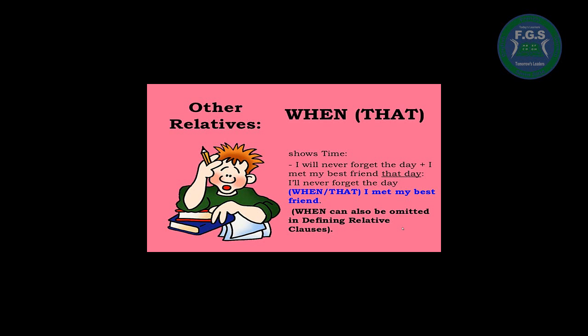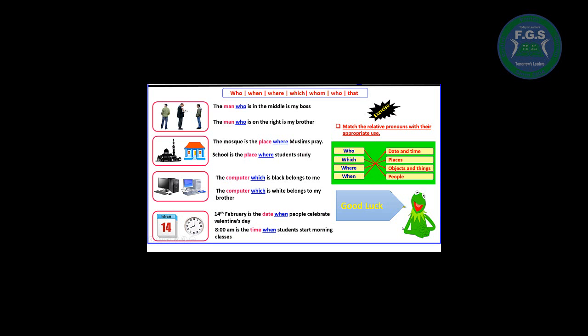So let's see these examples. The first word is who. The man who is in the middle is my boss. Number 2, the man who is on the right is my brother. Number 2, the word where. The mosque is the place where Muslims pray.